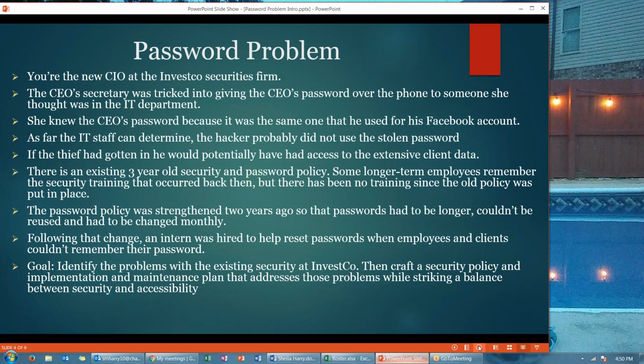A balance there is absolutely necessary. If you make it so secure that you restrict accessibility, then people start looking for shortcuts and ways around security measures. On the other hand, you can make it totally accessible, but it's not going to be very secure. So you have to maintain that balance.